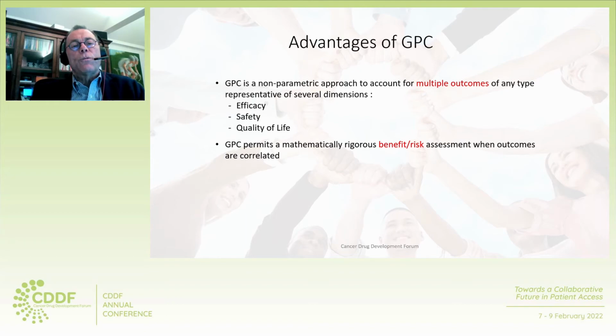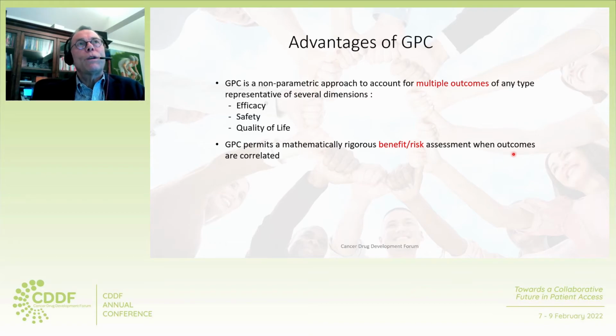So we can really throw in this methodology any outcome that we can measure in a patient. The GPC also permits a mathematically rigorous benefit risk analysis that takes into account the correlation between the outcomes. The benefit risk analyses that you see performed do not, in general, take the correlation between the outcomes into account. And that's a huge problem, because think of a treatment that's very toxic but helps a few patients. That's a very different situation than a treatment that is very toxic in the patients who benefit from it, rather than in the patients who do not benefit from the treatment.